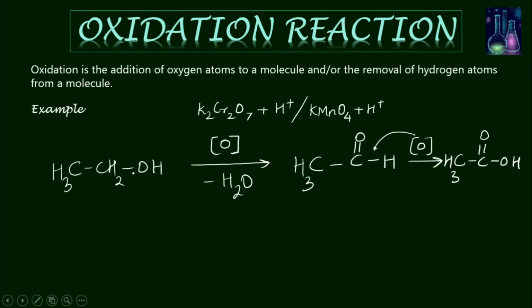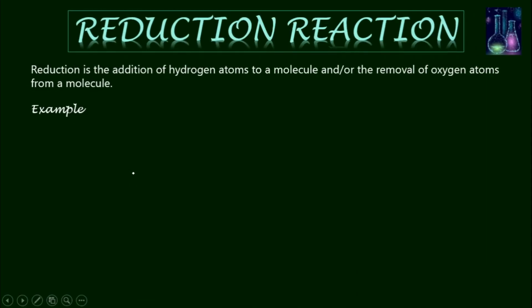Now let's see the next one. Reduction reaction. In a reduction reaction, there is addition of hydrogen atoms to a molecule and or removal of oxygen atom from a molecule. Let's see an example. For example, propanone, CH3 C double bond O CH3, on reaction with nascent hydrogen.